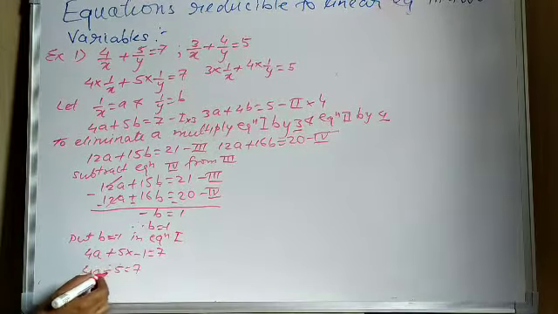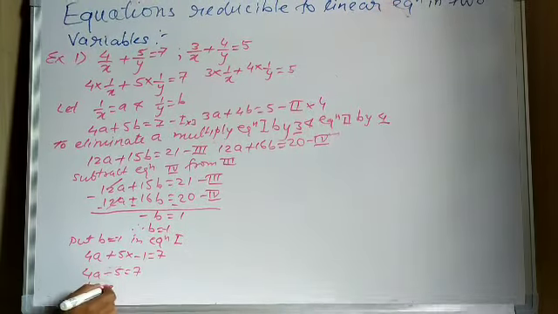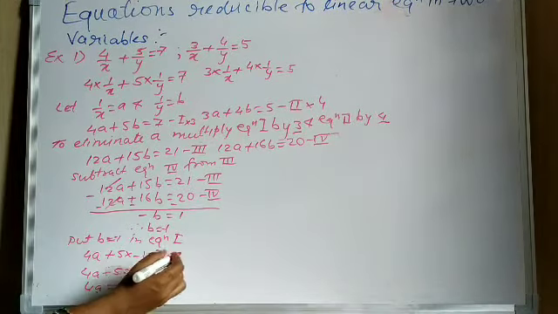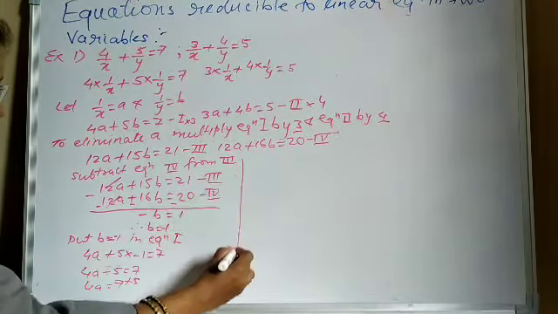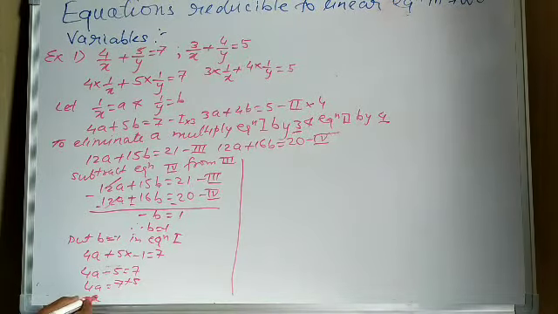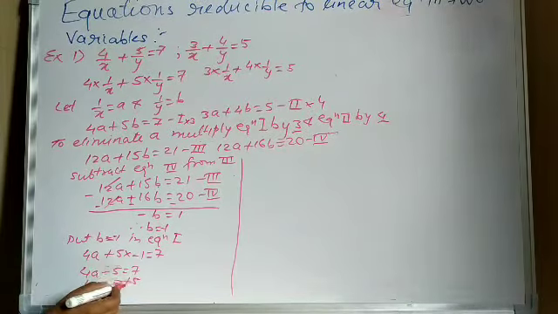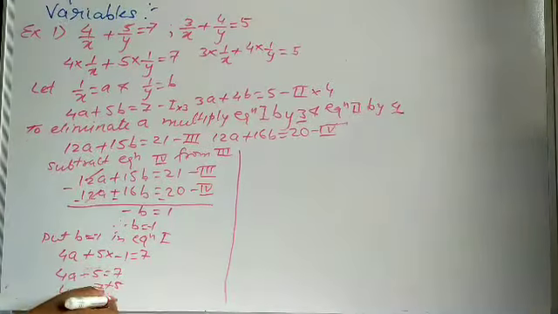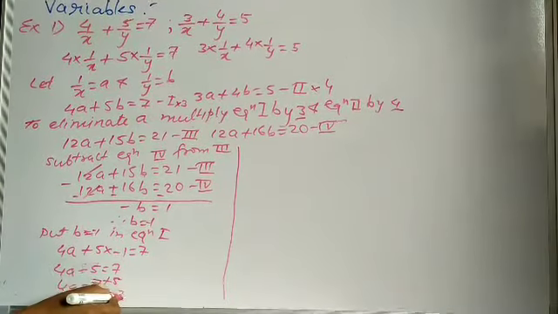Transfer the minus 5 to that side, so 7 plus 5 will come. Therefore a is equal to 7 plus 5, 12 upon 4. So a is equal to 3.